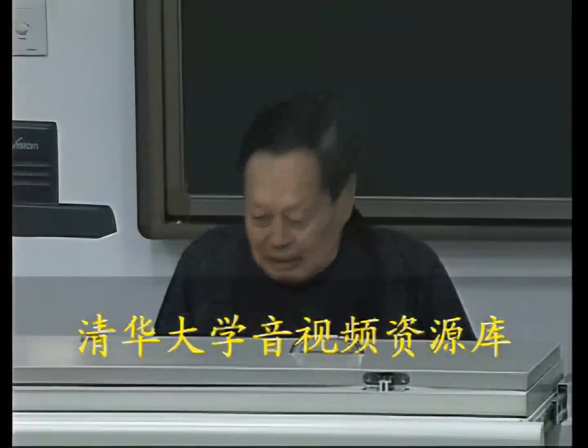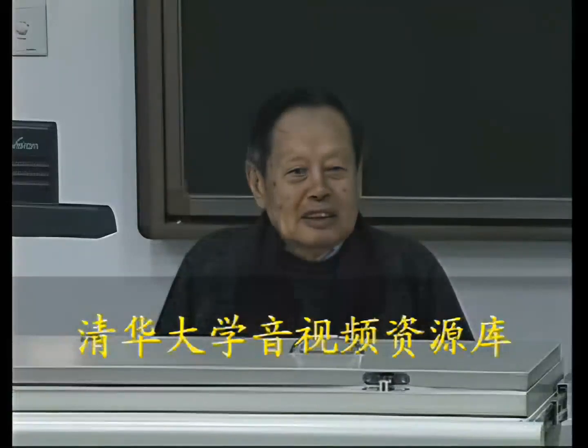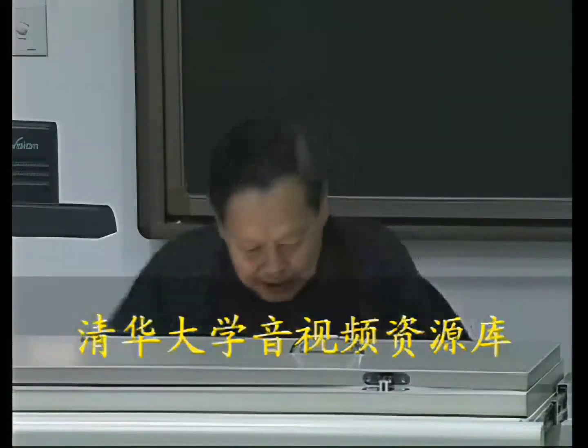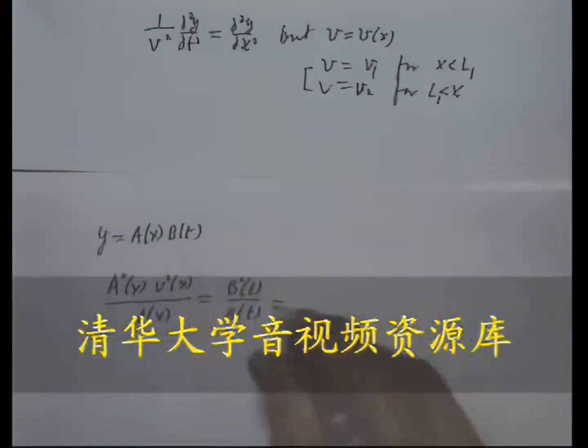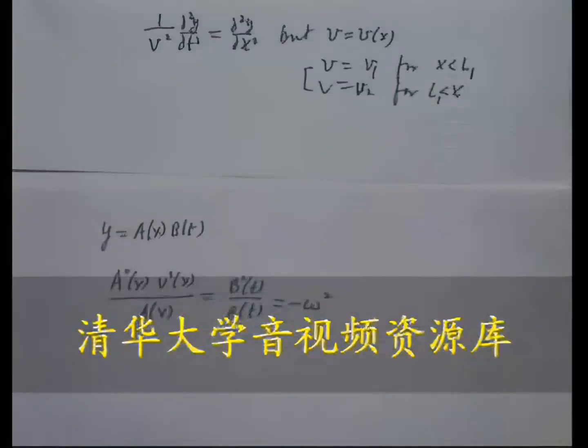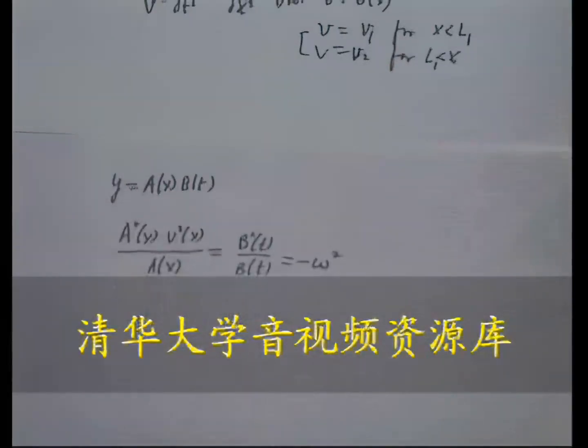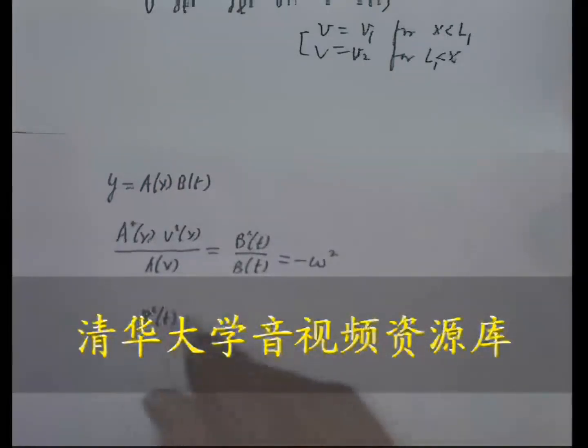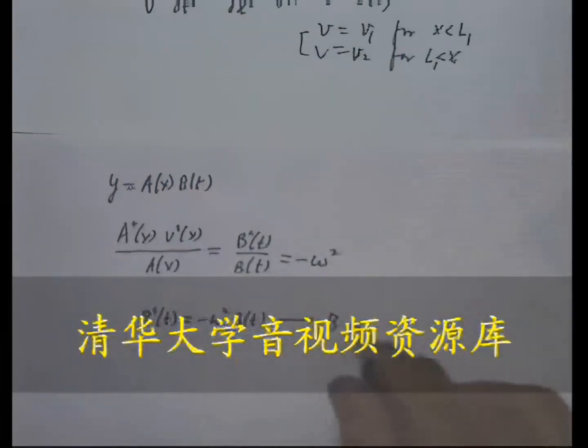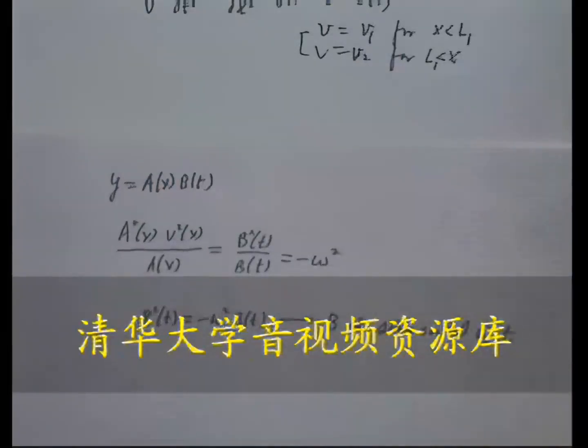The right side does not depend on x, so the whole thing doesn't depend on x. So the whole thing doesn't depend on either x or t, so it's equal to a constant. So it's equal to minus omega squared. Omega is a fixed number. In other words, omega is not a function of x. So we have B double dot equal to minus omega squared B of t. That means B is harmonic. B is sinusoidal in t. So it is a harmonic motion.